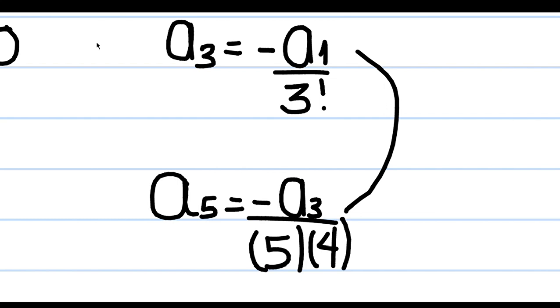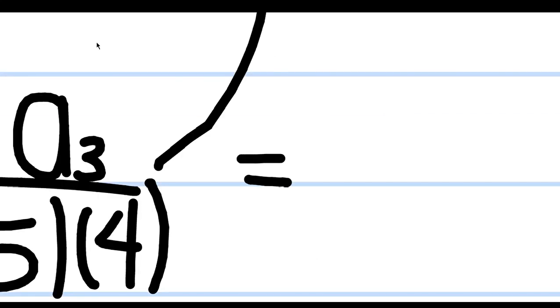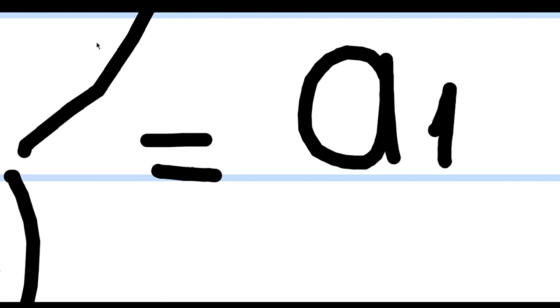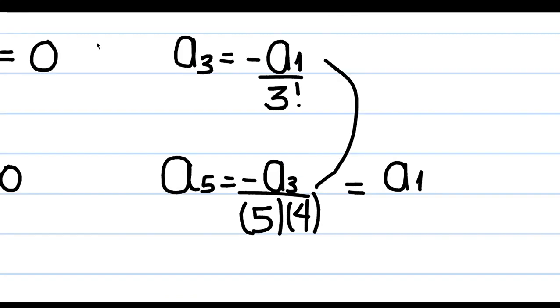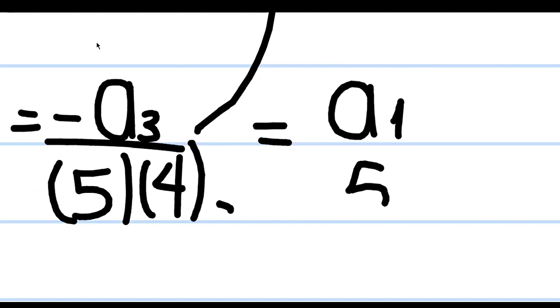So, we have a sub 1, minus times minus is a positive sign, and 5 times 4 times 3 factorial is 5 factorial.